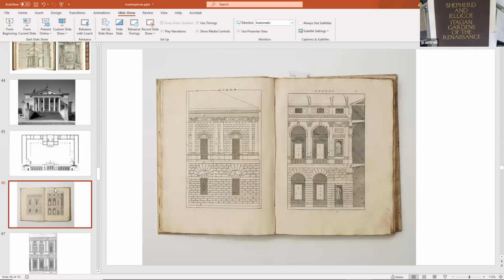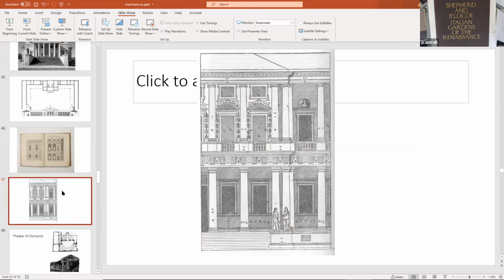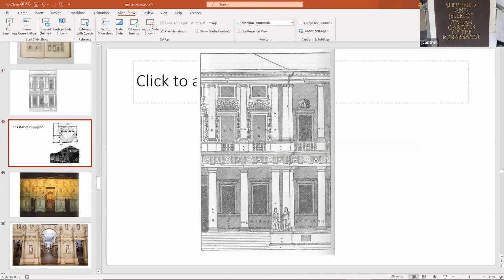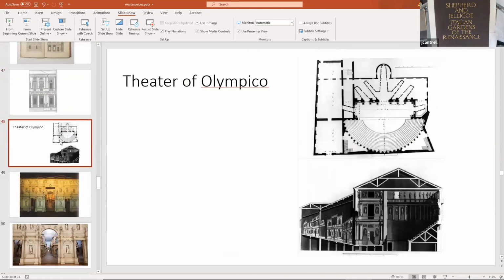Here's some other engravings. You know, he's showing you how you can properly mix the rusticated base with the composite order, how that properly relates to the arches versus the trabeated system here on the left. His own drawing, one of his basilicas that he studied and built. Then, of course, here's his famous Teatro Olimpico.